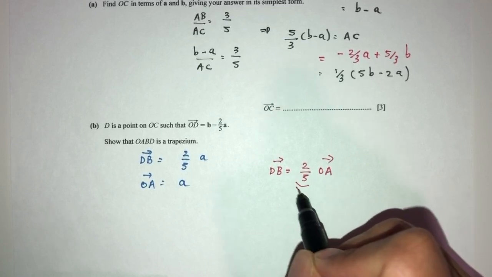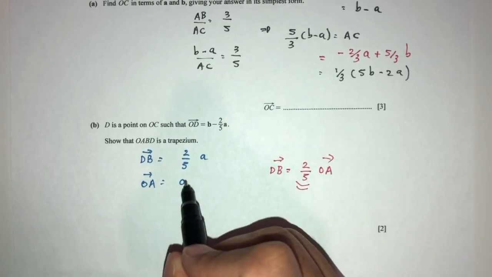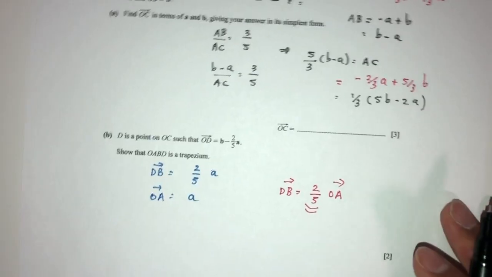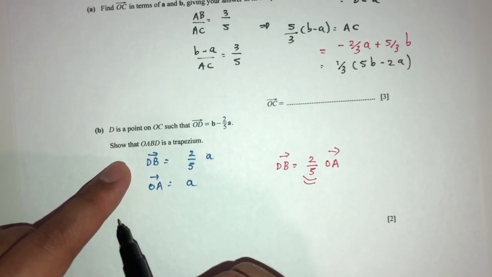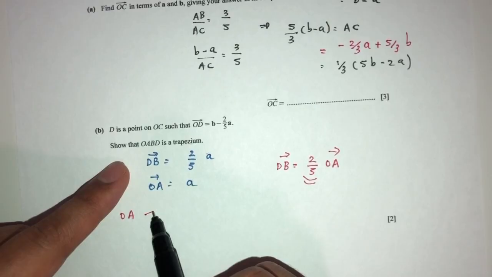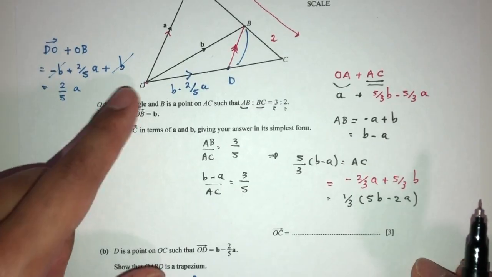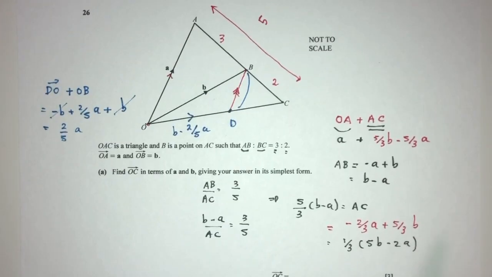Because it is a multiple of OA, because this was A, right? Because it is a multiple of OA, we can say that we have proven that OA is in the same direction as DB. They are parallel, and thus this four-sided shape is a trapezium.